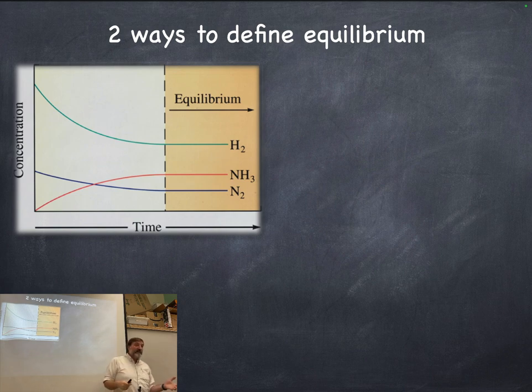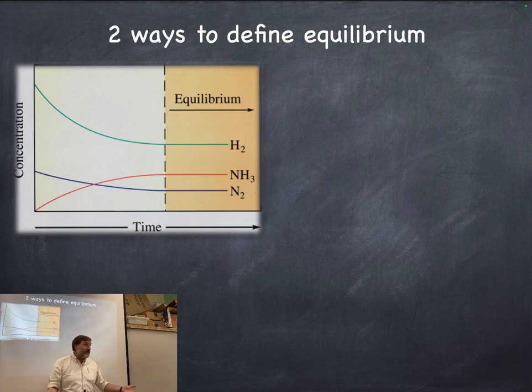But in this graph, we're not focused on that rate of change. What we are interested in, one way that we can define equilibrium, is the point at which the concentration stops changing. As the hydrogen and nitrogen decrease, the concentration of the ammonia increases.